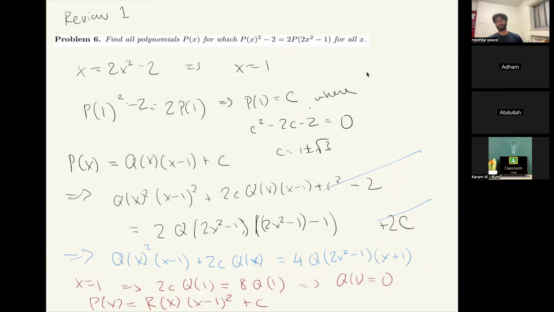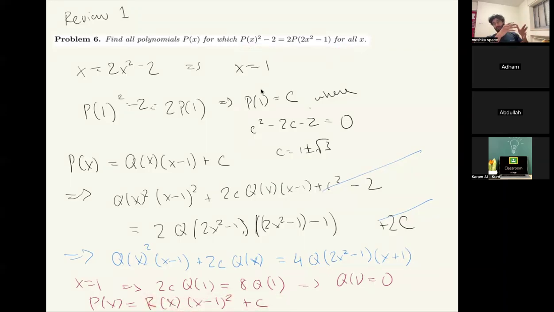Okay, so does anyone see where this is going? Abdullah, your comment is induction. So it's kind of induction. The next thing you can try, I think it's a reasonable thing to do, just because of what we just did, is you can take this and plug it into the functional equation and you'll get something for r.